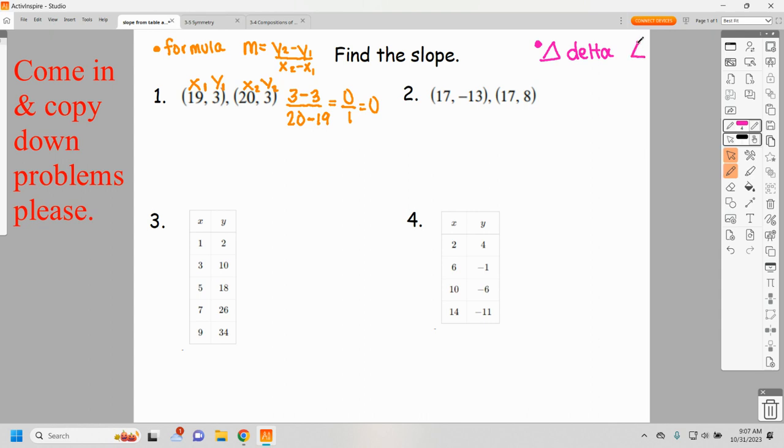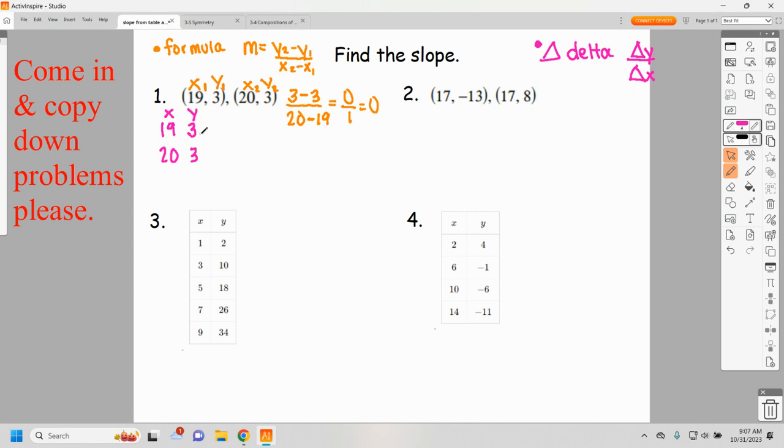Delta means change, so it's change in y over change in x. All right, now to easily get the change, we're going to stack these points. 19 and 3. So I'm stacking my x's and my y's. 19 and 3 and 20 and 3. And we're looking for how much the y's change and how much the x's change.